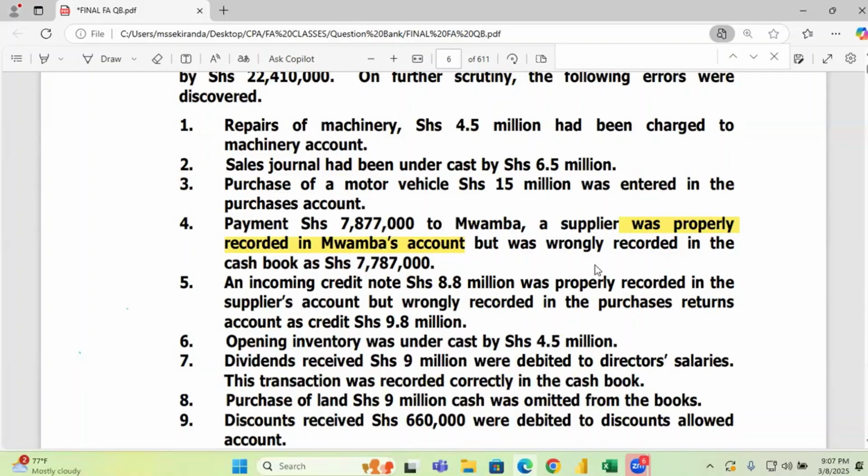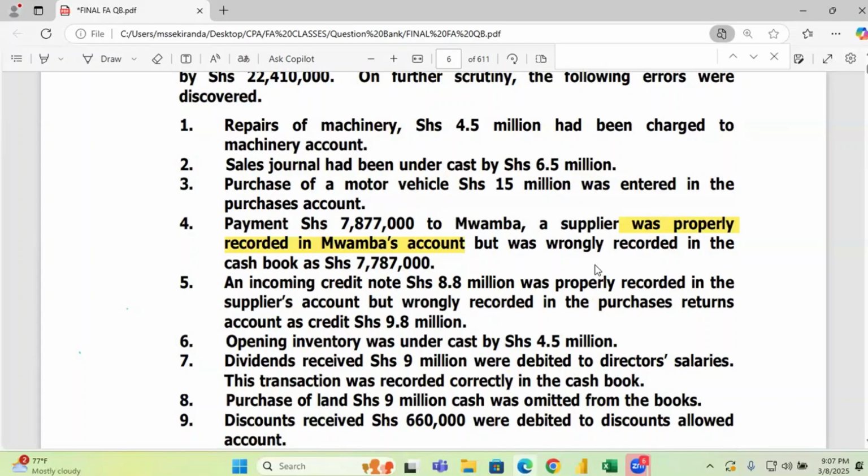Are you agreeing with me? Because when you are paying a supplier, we normally debit the supplier's account and credit the cash book, right? Now, since you credited the cash book with a lower figure, it means the credit side of the cash book is undercast, right? Yes, by 90,000. The credit side of the cash book is lower by 90,000.